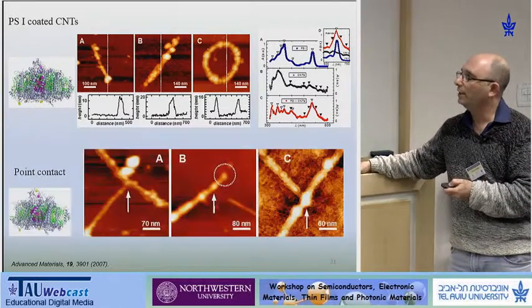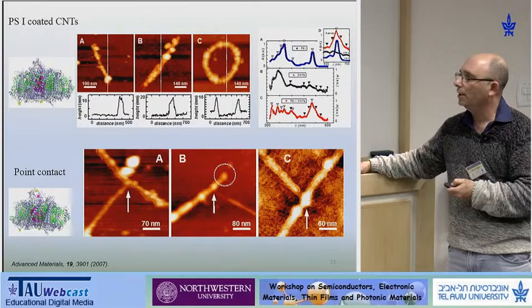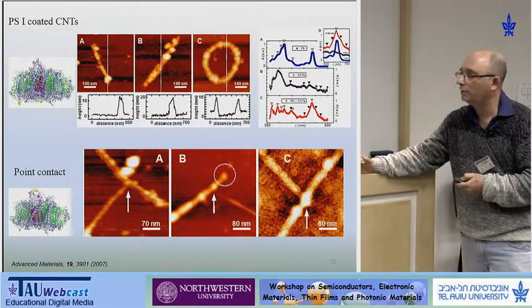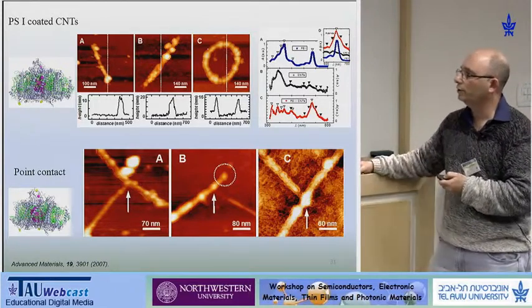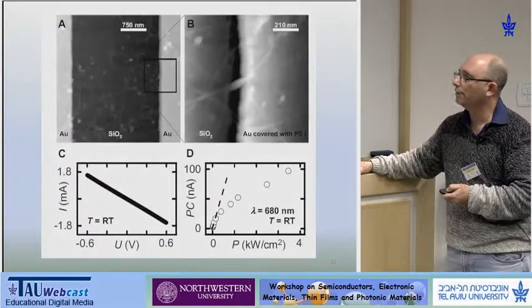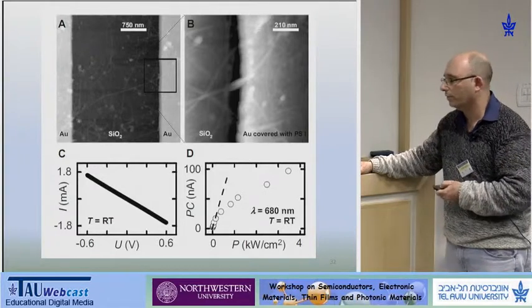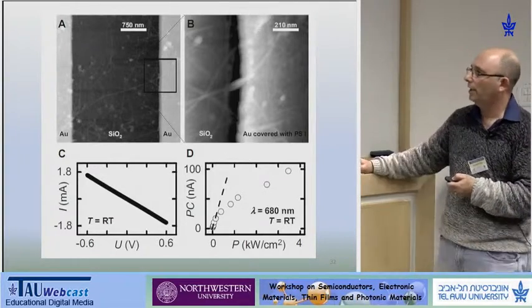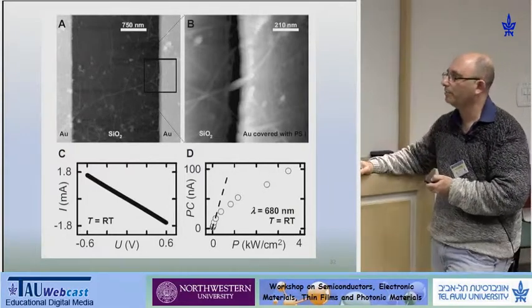We can make, by using the two mutants, some junctions out of it. The problem with this stuff is that we could not control the junctions. So what we did is just measure the IV curves and the photoconductivity as a function of the light intensity. And with this project, we are done.